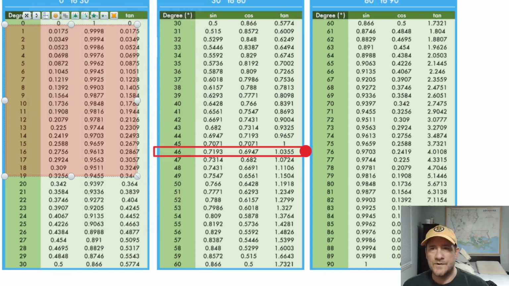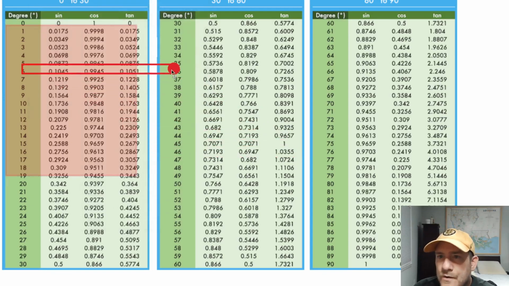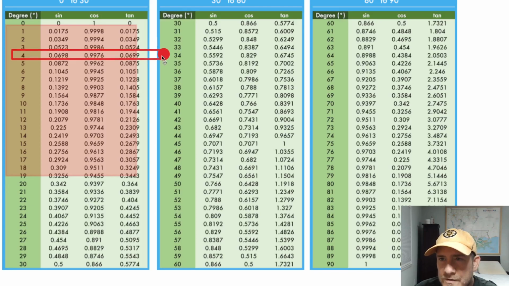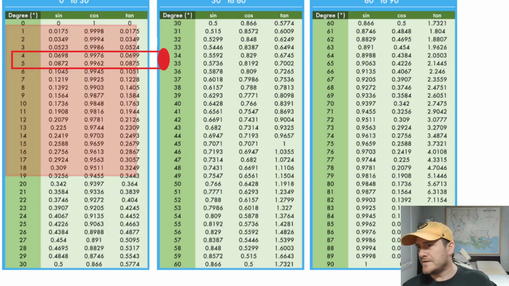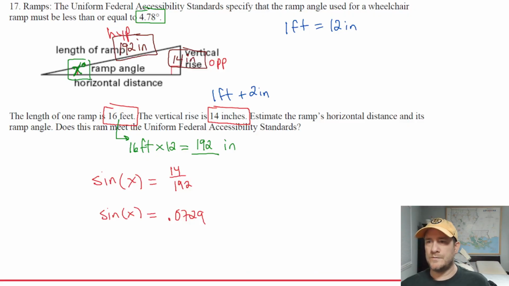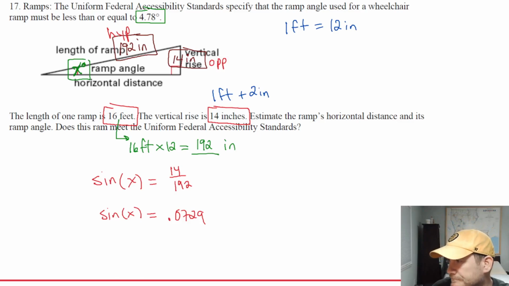Alright, so we're looking for 0.07, right? Well, 0.07 would fall here, between 4 and 5. So that's kind of not good enough of an answer, but we'll write it down anyway. We'll say we know that x is somewhere between 4 and 5.